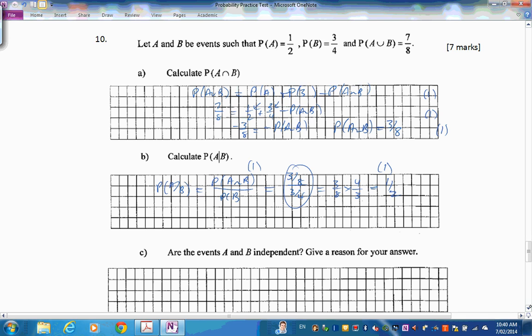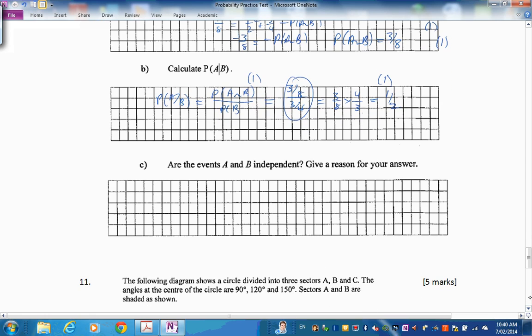Okay, let's have a look at: are the events A and B independent? Right, the probability of the intersection we calculated separately as 3/8. What's the probability of A times probability of B? That's the independent rule. So it's a half times 3/4, which is also 3/8.